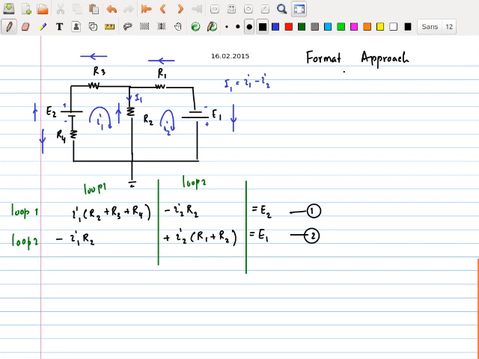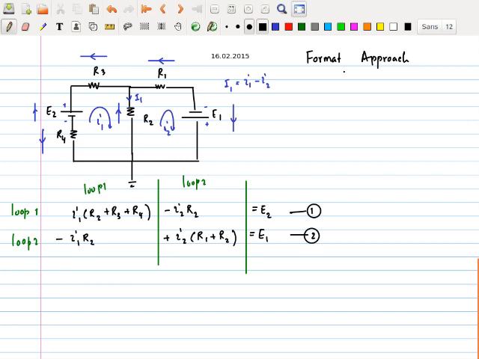Any small circuitry, you can write the equations, solve for the determinants and find the answers. But as you go up to the campus level, university level, what you are going to handle would be large circuits, a huge network with about 100 meshes.